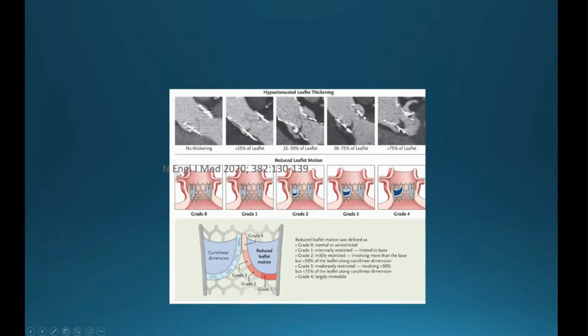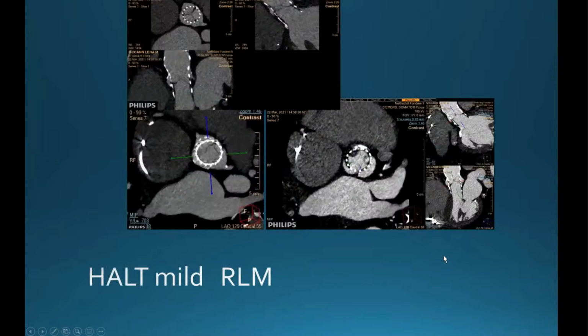But essentially, when we look at the CT, what we need to report is the thickness of the leaflet and whether there's any hypoattenuating material, and in the coronal and sagittal view, what percentage of the coronary sinus is being filled by that material. This is kind of standardized into different grades, so we can better understand the clinical significance of this entity.